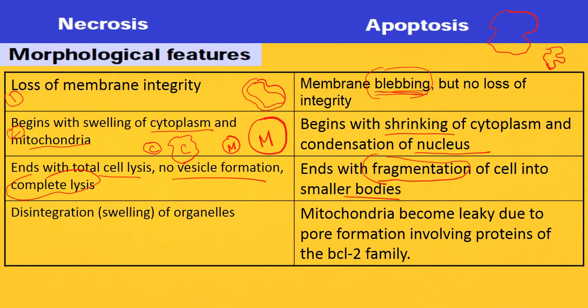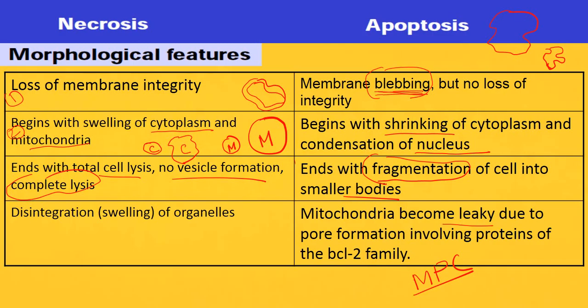Finally, the last morphological point for necrosis: there is disintegration or swelling of organelles. I already showed the swelling with a diagram. In mitochondria, the mitochondria become leaky. I would like to state the mitochondrial permeability complex: the mitochondria will become more permeable, as we studied last time with MOMP, and this becomes leaky.